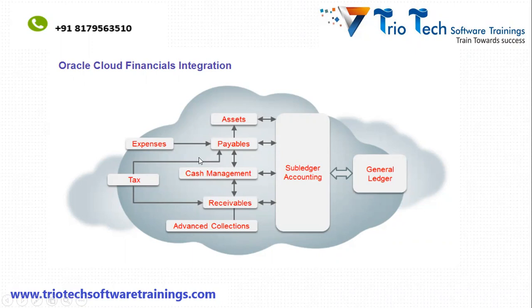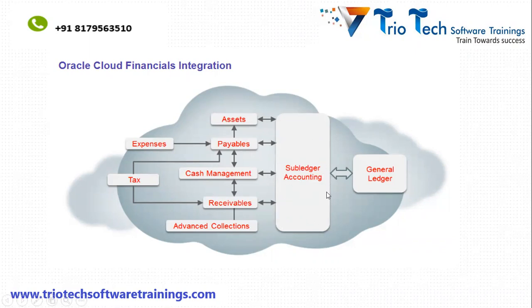Just like that, all the other applications are integrated as well. Receivables also has an integration with cash management, and receivables also has an integration with payables for some of the transactions. So it is all integrated and interrelated. The transactions are performed in these applications, and the underlying accounting aspects are generated in a middle layer called subledger accounting.